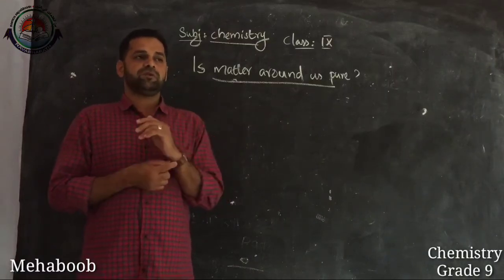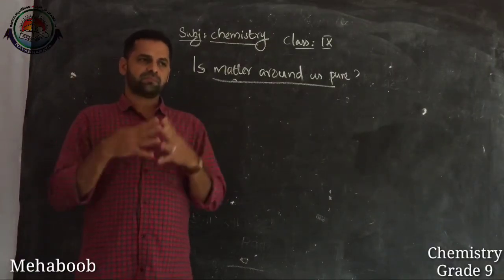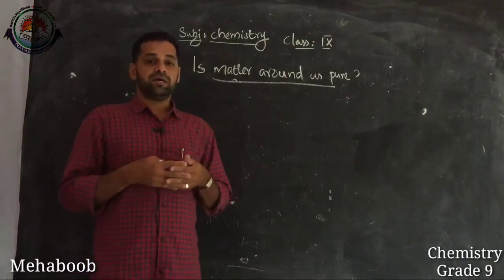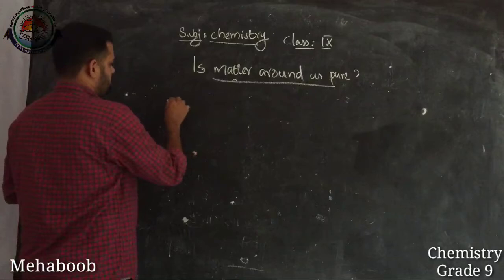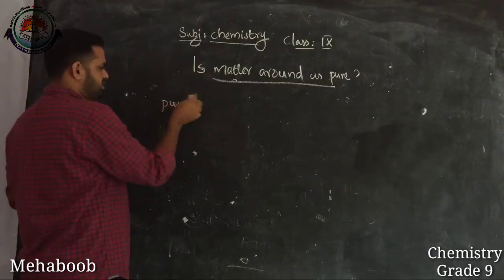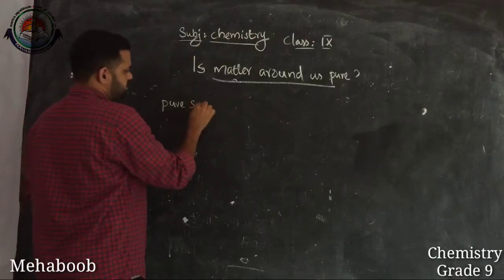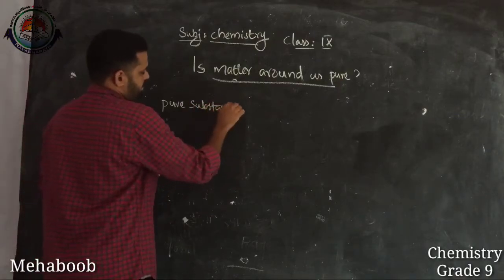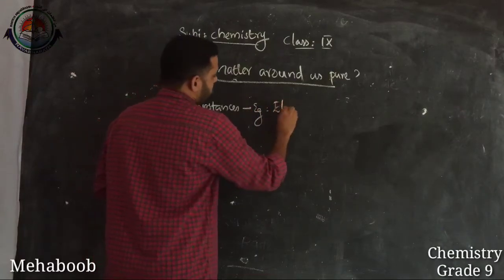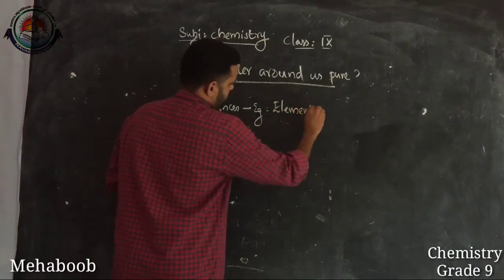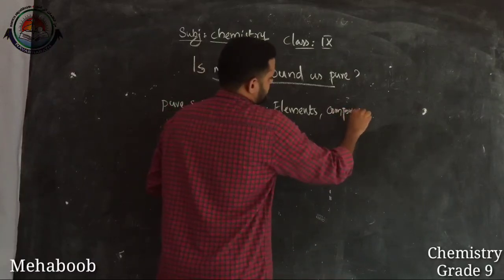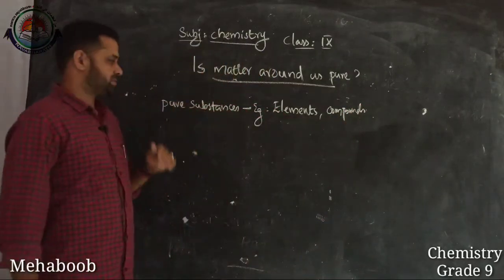And here we are going to discuss pure substances and impure substances. First we are going to deal with impure substances. Examples for pure substances we will discuss in detail later. So pure substance examples are elements and compounds. Elements and compounds are examples of pure substances.